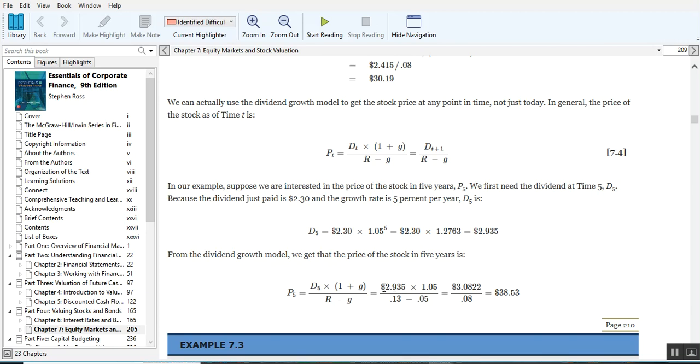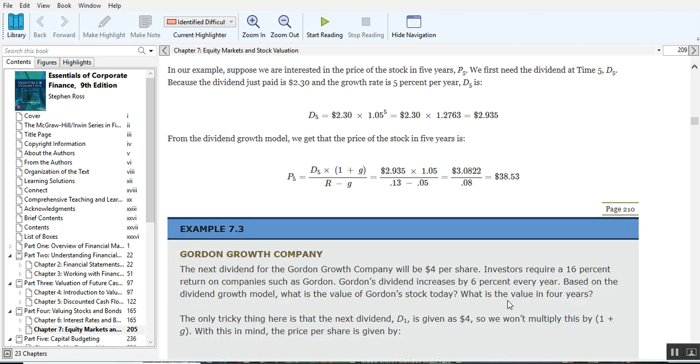So here you have the dividend in year 5 we computed here, times 1.05, the growth rate, divided by the required rate of return, 13% or 0.13, minus the growth rate of 5% or 0.05, and you get this 3.0822 divided by 0.08. That means the value of the share of stock is $38.53.